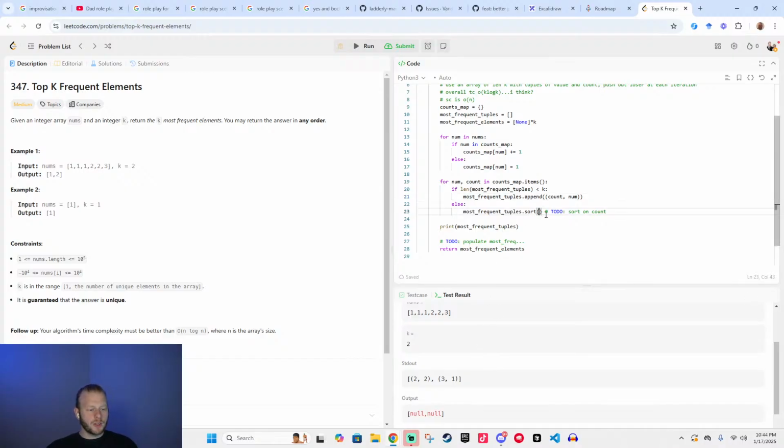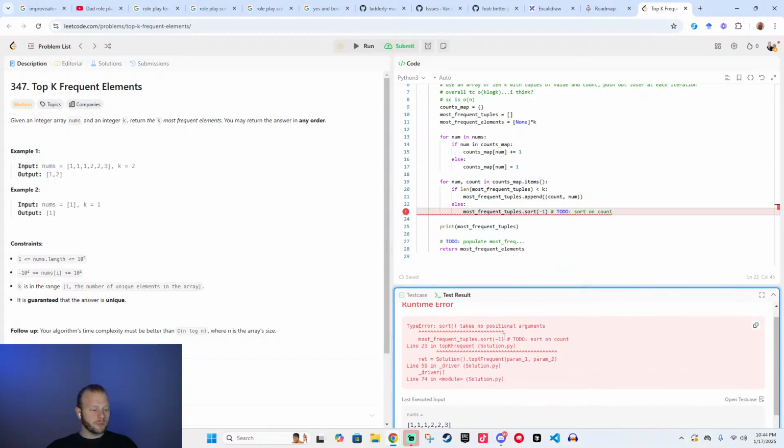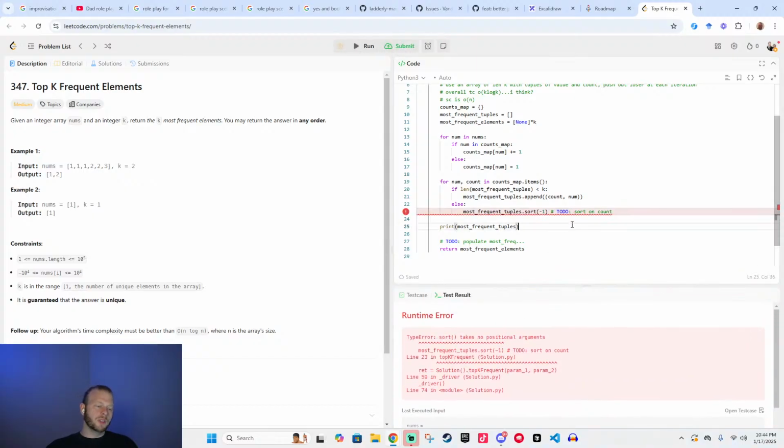So if I sort, I think I can just pass -1 and flip it. No? Let's see.